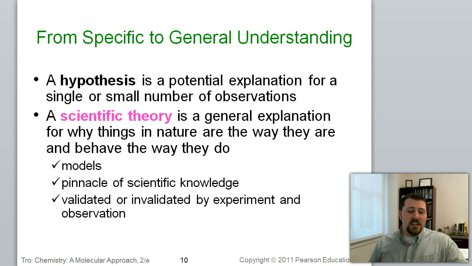So this is like scientific models, and these theories really are pretty well tested by all of your different experiments, and they're what we would call the pinnacle of scientific knowledge, or the point to which you're aiming to get in your explanation of what's happening. So these also can be validated or invalidated by experiment and observation, and sometimes they're useful in particular contexts, and so they don't immediately go away and get replaced by something else, and they're constantly being revised.